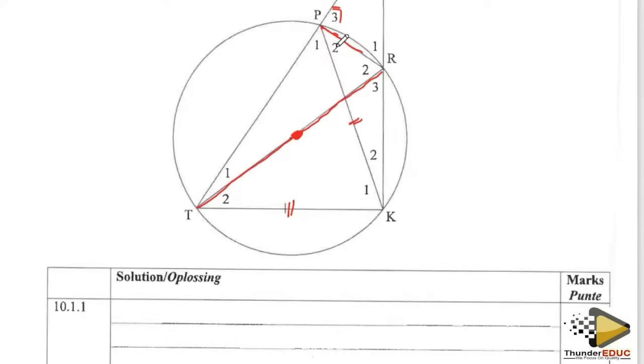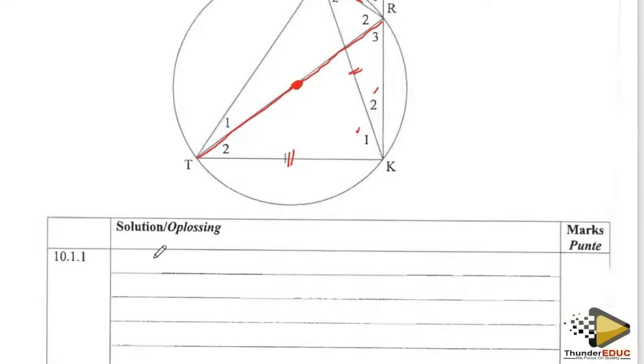I can look at that, or I can say K1 and K2 is a 90. So I'll use the P1. I'm saying P1 plus P2 is going to be 90, angle in a semicircle.